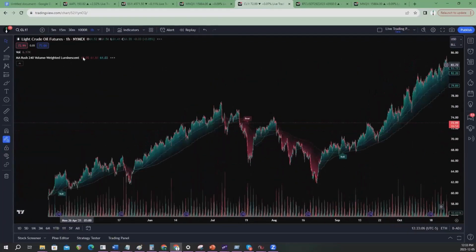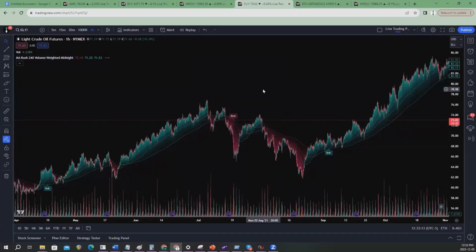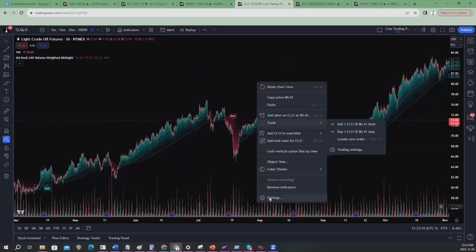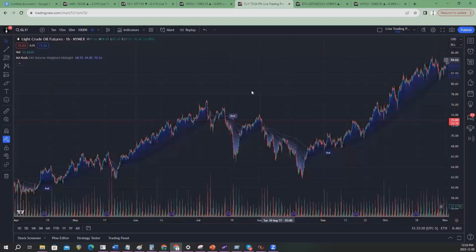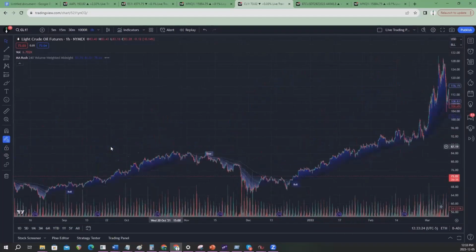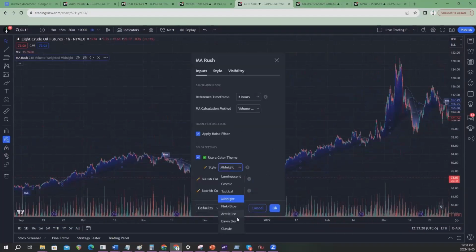Perhaps you have a trade in mind, and you want to make sure that you're trading along with the overarching trend. Well, then you can use this MA Rush indicator to see, okay, are we bullish? Are we bearish? What is the overarching trend to perhaps further filter your trades? So yeah, it's not related to all other indicators. It's brand new. It's based on new concepts, and you can use it in various ways.